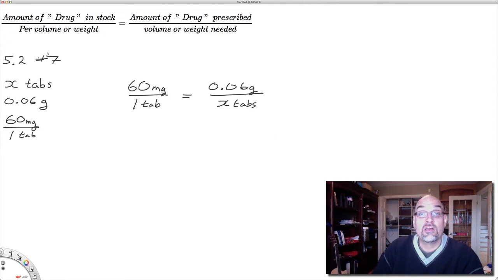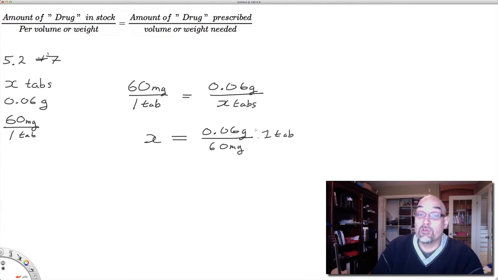If I go ahead and do my cross multiplication now, the X comes up here, the 1 goes over here, the 60 goes down here, so I have X is equal to 0.06 grams divided by 60 milligrams times one tablet.